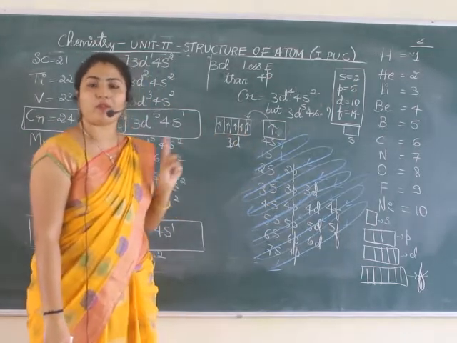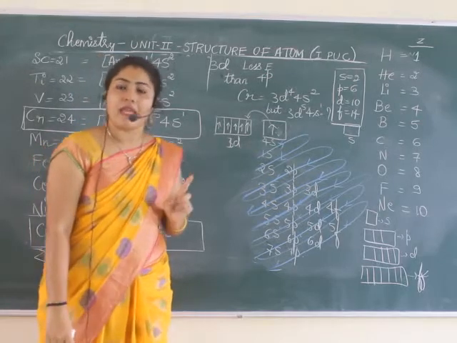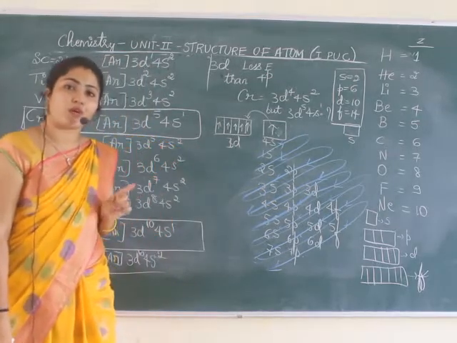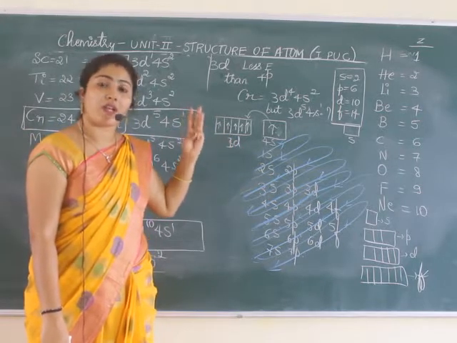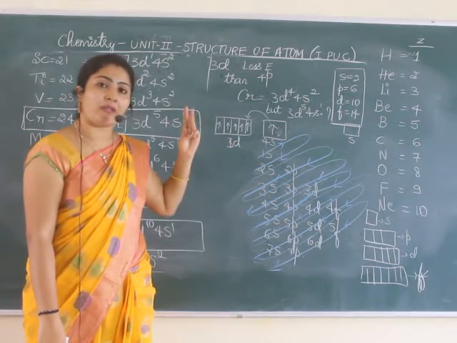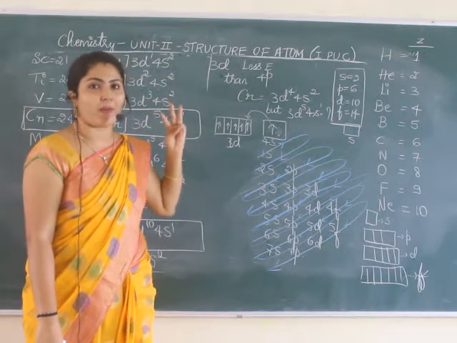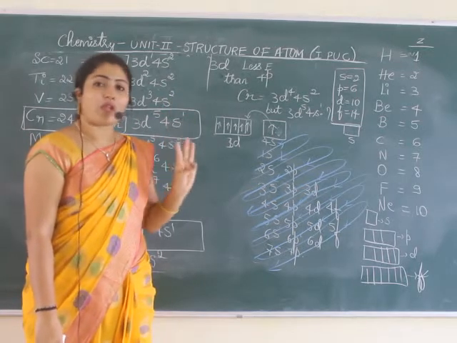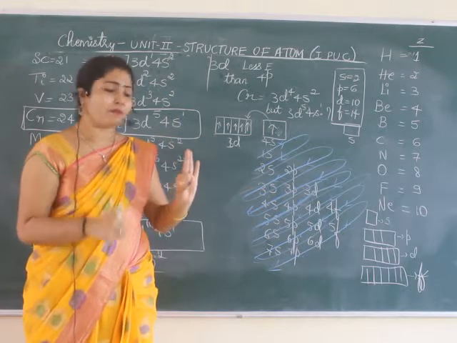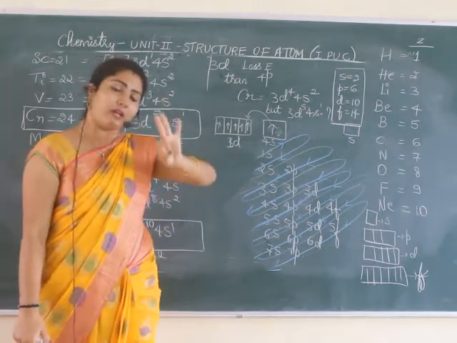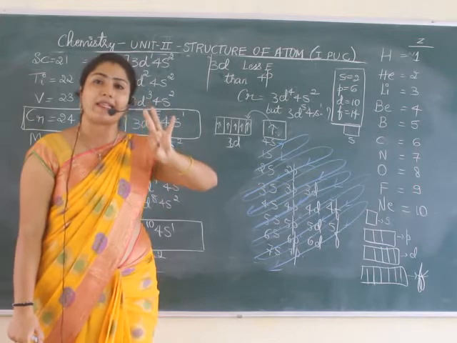I told you to remember this in the case of nitrogen. In nitrogen, the last electron was 3. That means in the 2p orbital, you had only 3 electrons. If you go back and check, the total possibilities are 6, and half of it is 3. So 3 means it is highly stable.